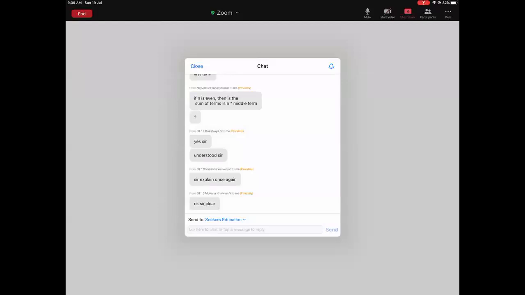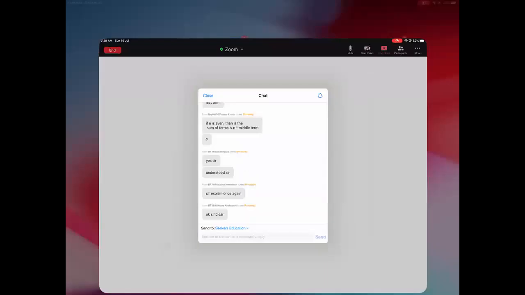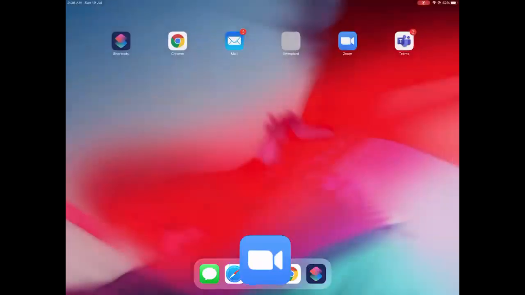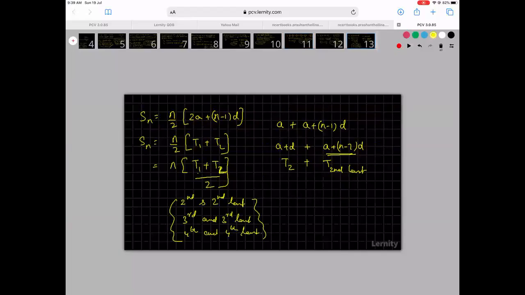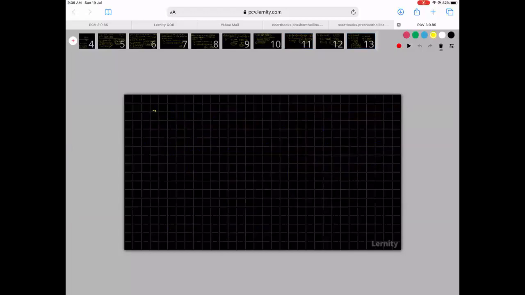So I have to explain this once again. See, I am telling that if this is A plus D, A plus 2D, A plus 3D, and you go all the way up to A plus n minus 2D plus A plus n minus 1D.